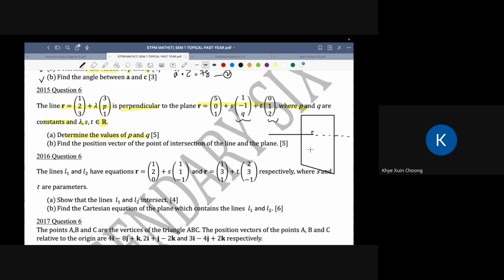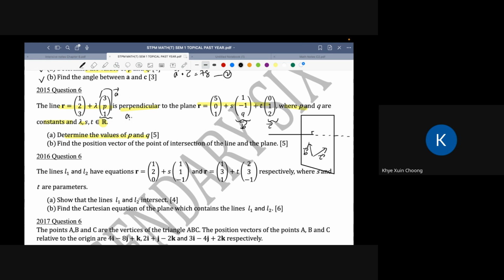Let's say I call this B and I call this C. So B lies on this plane and C is also lying on this plane. If this line is normal to the plane, then it should be normal to both of these lines. So you use the direction vector of this line, let's say I call this A, and dot product it with B.